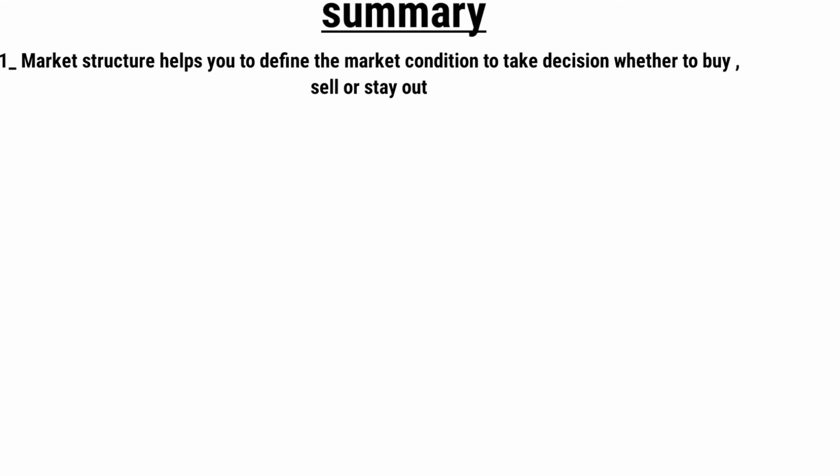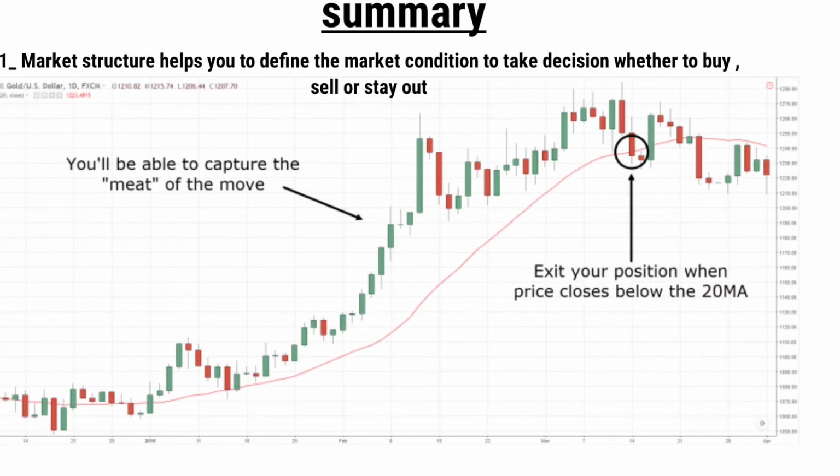Let's do a little summary of what you have learned so far so that you can recall it all. Summary of everything: we mentioned market structure. We said it helps you to define the market condition, to decide whether to buy, whether to sell, or to stay out. For example, if you see the market in an uptrend, what will you do? You only buy.